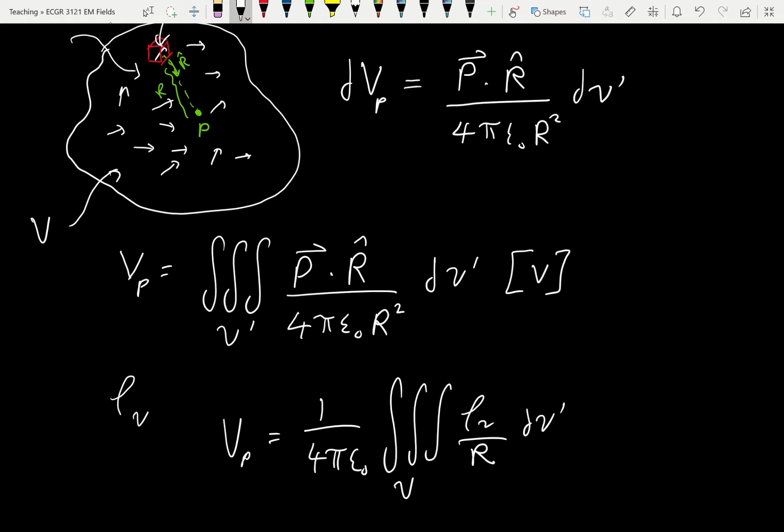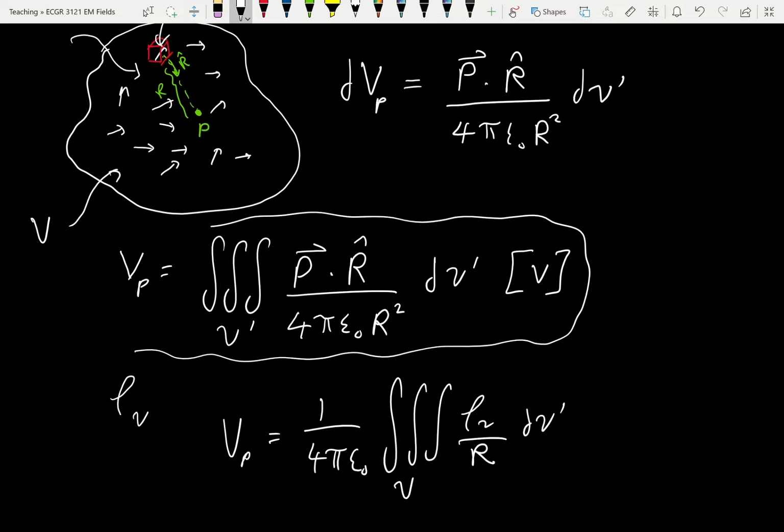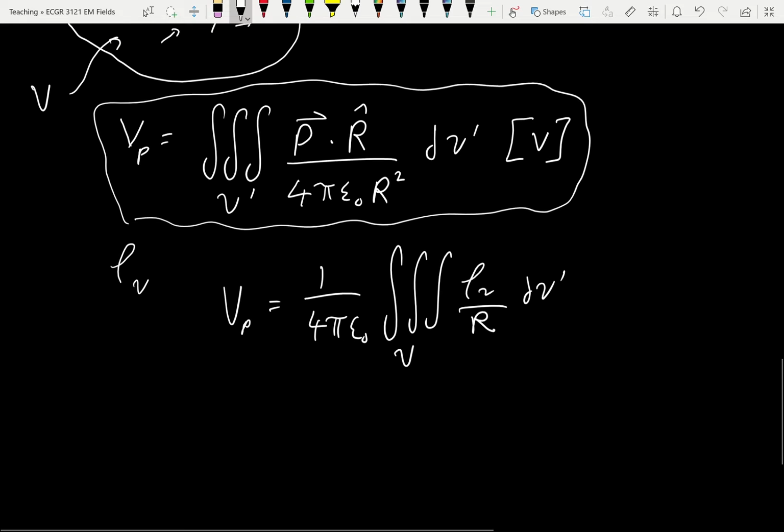This is the potential due to a point charge, or a differential element. You just take rho v times dv, that gives you the charge, divided by r, that gives you the potential. The potential is always proportional to the inverse of the distance, not the inverse squared, unlike the electric field intensity.